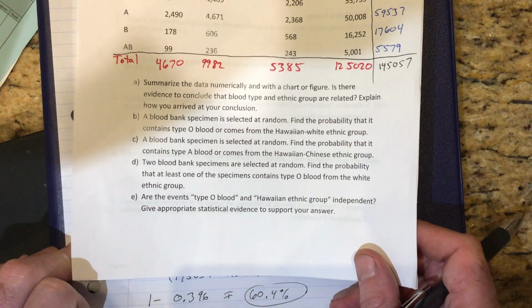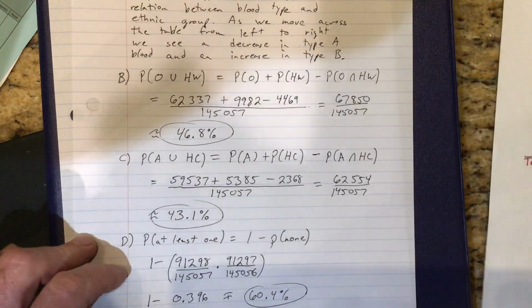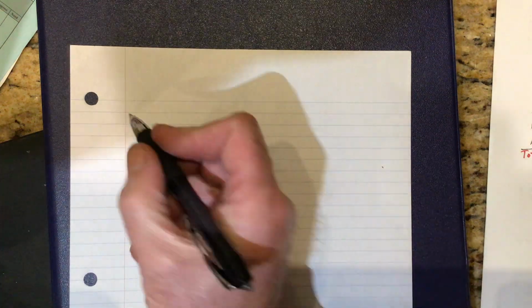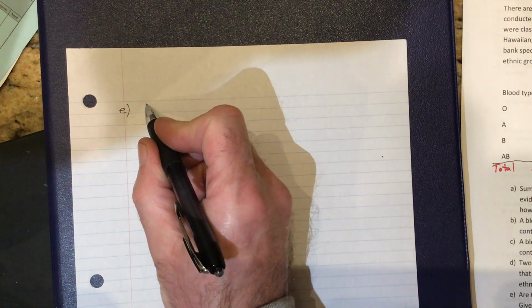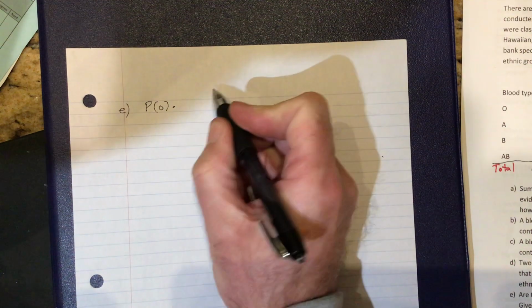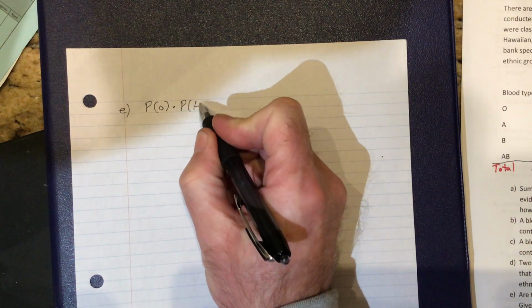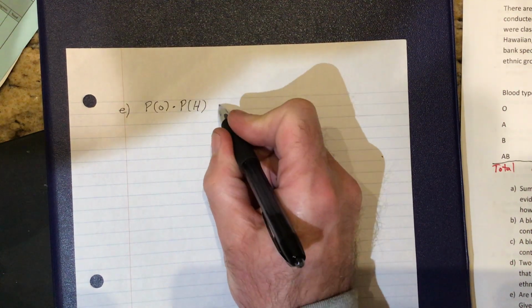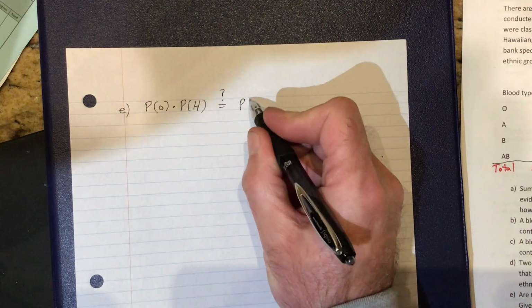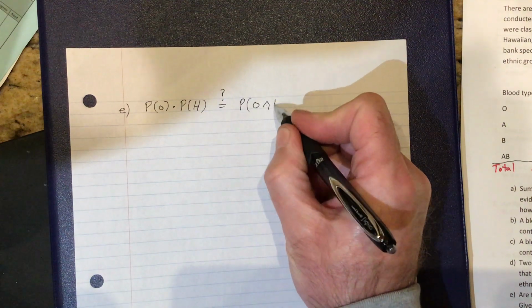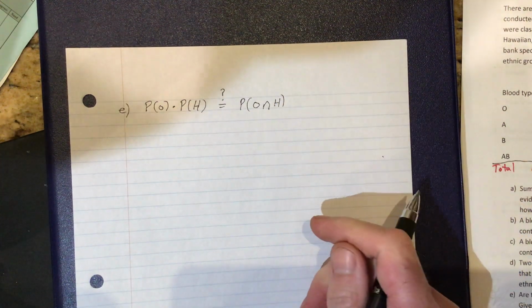Letter E. Are the events type O blood and Hawaiian ethnic group independent? All right, let's give that a shot. So let's do probability of O times the probability of Hawaiian ethnic group. And let's ask, does that equal the intersection? Okay.